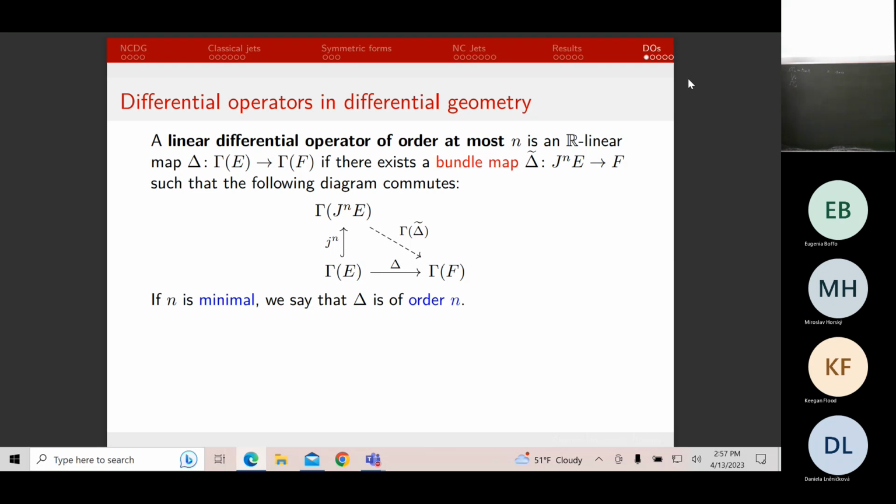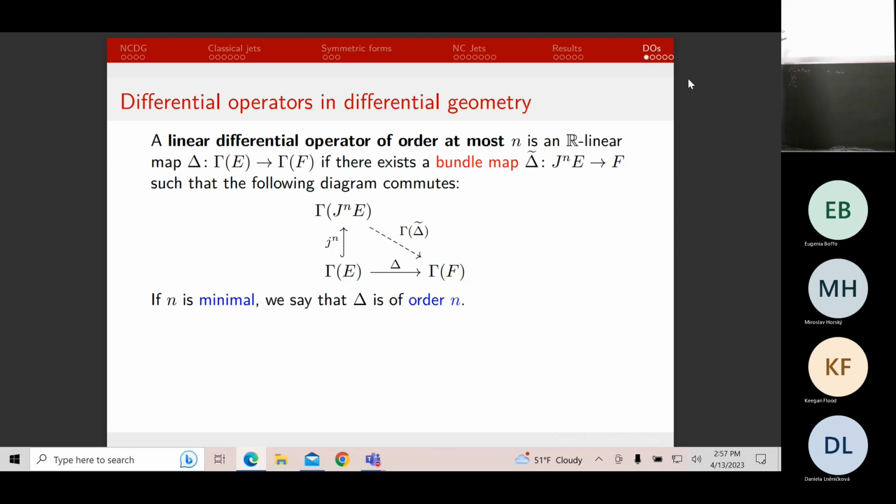And formulating a condition asking that a commutator must vanish in non-commutative geometry is a dangerous thing because it might ask too much. So we do the opposite. We use the universal property of classical jets to formulate a definition of differential operator, which we then generalize to our non-commutative setting.